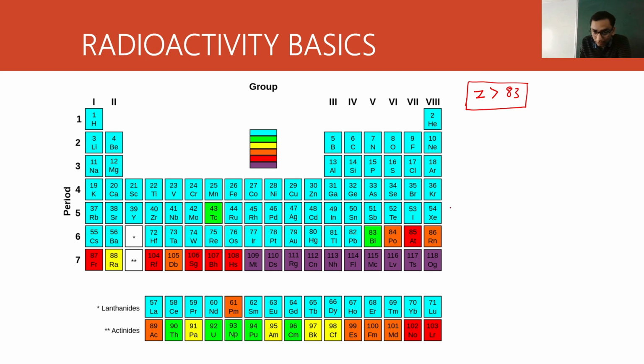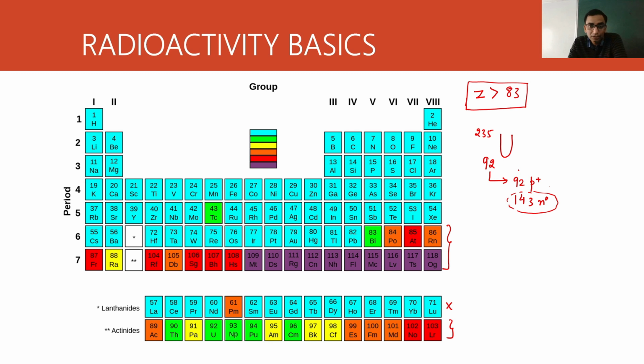So you can say that these elements, and not this first series, the actinide series, most of these are radioactive. Now we take an example of uranium 92-235. So there are 92 protons, and if you subtract 92 from 235, you get 143 neutrons. You can see that the number of neutrons is very large compared to the number of protons.